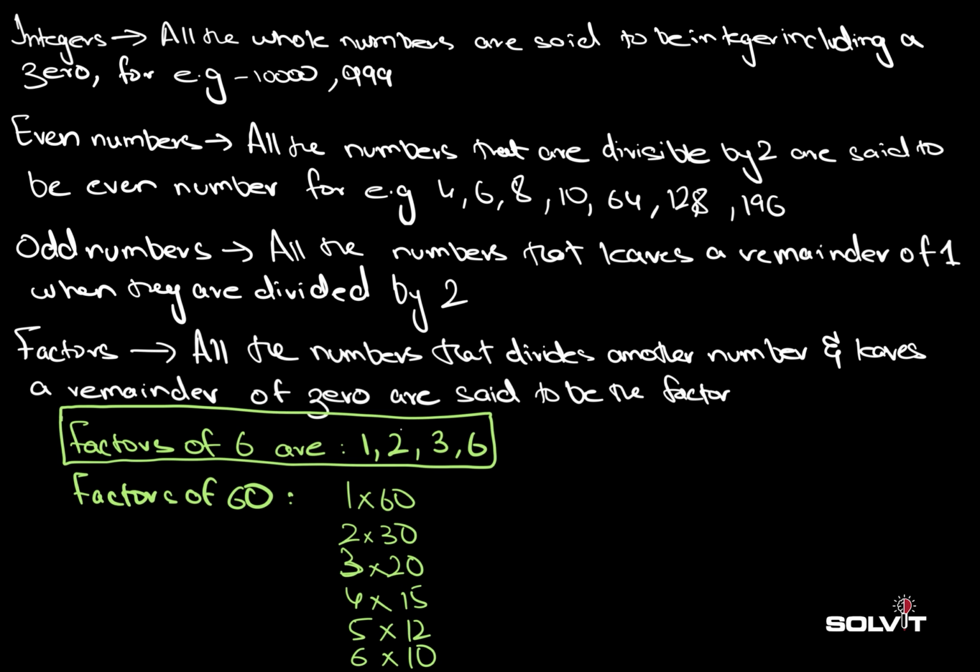Now we need to stop at the point where the combinations would start repeating themselves. In this case, the next combination would be 10 multiplied by 6. That means at this point we need to stop, and the numbers in all the combinations we have made are the factors of 60. That is 1, 2, 3, 4, 5, 6, 10, 12, 15.